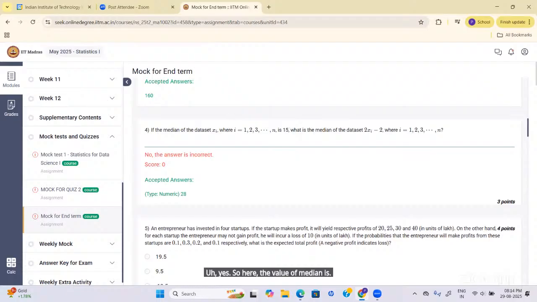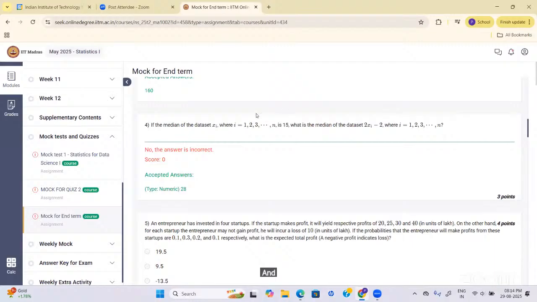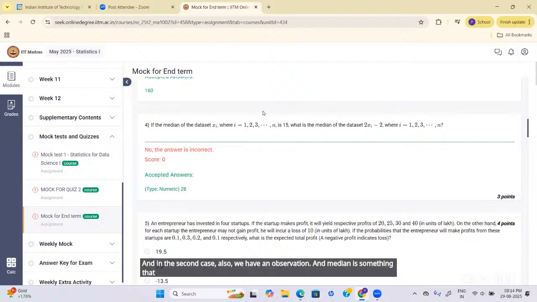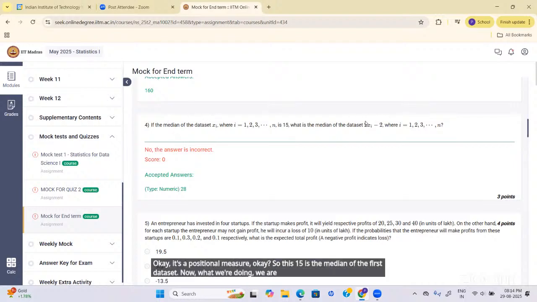So in the first case, we have n observations, and in the second case also, we have n observations. Median is something that depends on the position in the data set, it's a positional measure. This 15 is the median of the first data set. Now we are multiplying by 2 and then subtracting 2.